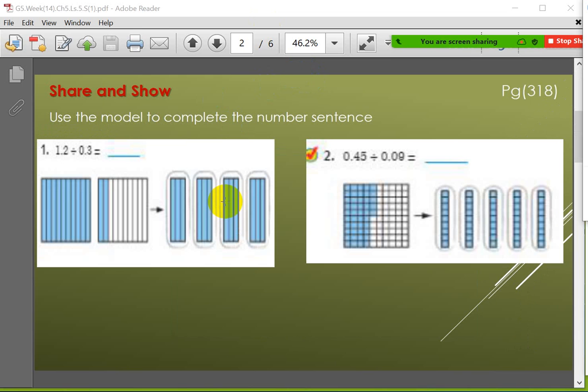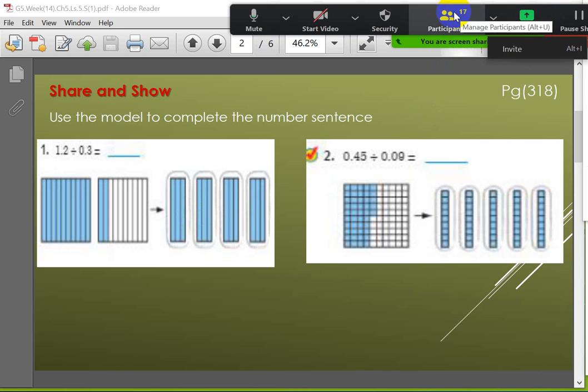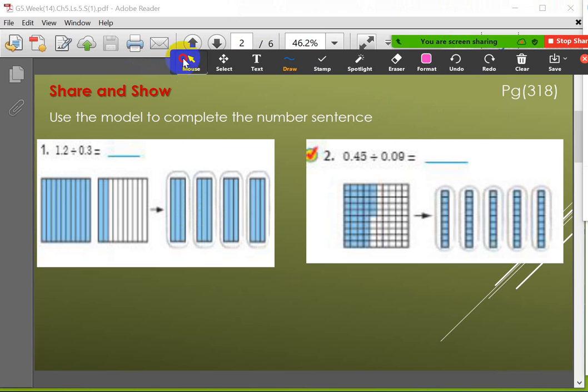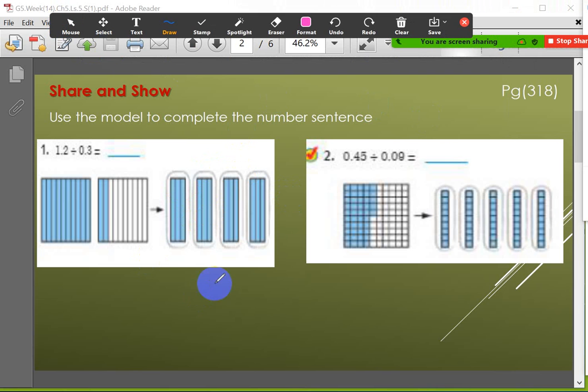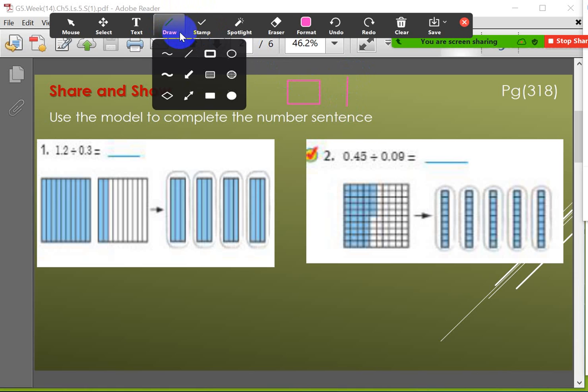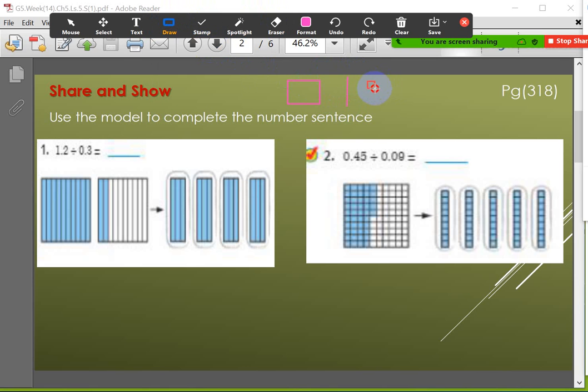So let's start with the first example. Today we will return to the base 10 blocks. You remember the base 10 blocks for the decimals, of course. The ones digit is represented with a flat, and the tenths digit is represented with a long, and the hundredths digit is represented with small cubes.